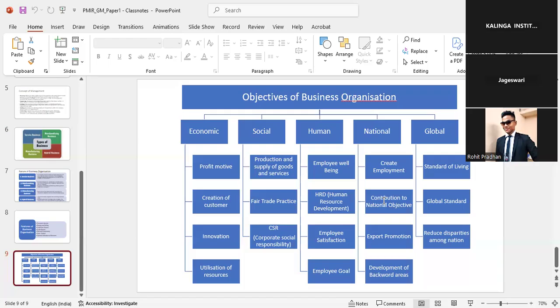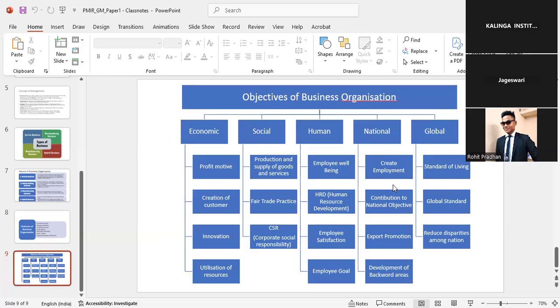Suppose you are making a product which your country was not making earlier. So your country is benefited by making that product. That is a national objective. And you are adding some employment to your organization. You are developing your country's policy.